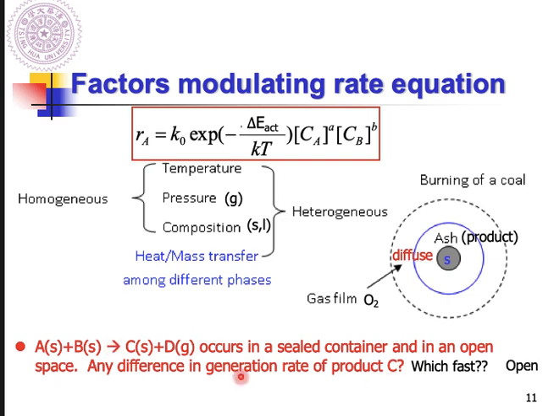So if it is open space, then the reaction will be faster, right? Because in the open space, the concentration of the product will be lower than that in the sealed container. So that will help the reaction go all the way to the right-hand side, and will speed up the reaction rate.